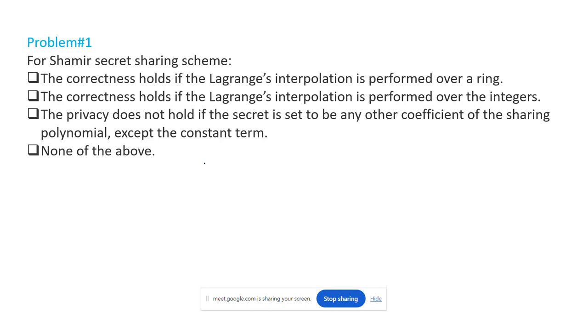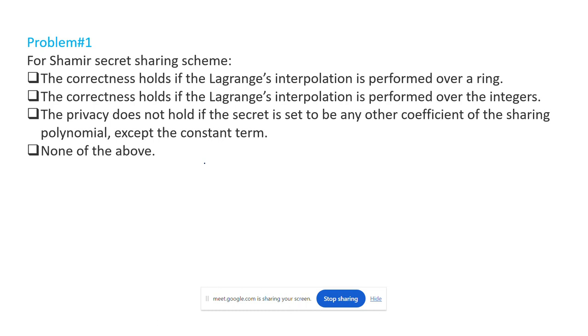Okay. So basically the correctness holds if the Lagrange interpolation is performed over a field, actually, not a ring. Why? Because when you are recombining the secret shares of t parties to reconstruct the actual secret, you are multiplying by a Lagrange coefficient, and the Lagrange coefficient has a denominator.